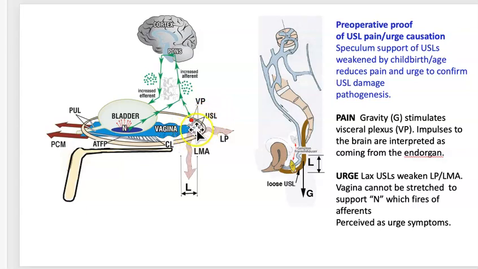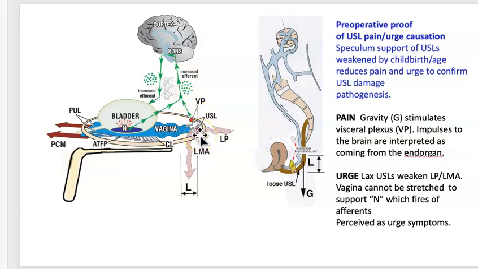If these are loose, then the force of gravity, especially when the patient stands up, can stimulate the visceral plexus here, and it sends afferent impulses up to the brain here, and the patient is deceived in thinking that the pain comes from a distal organ.